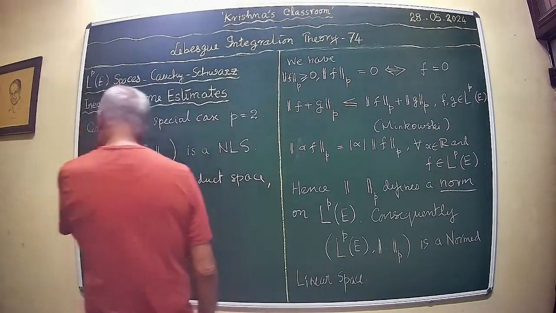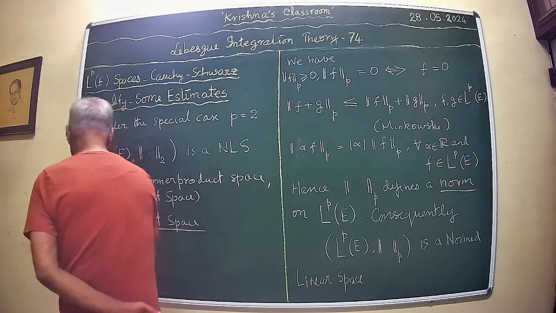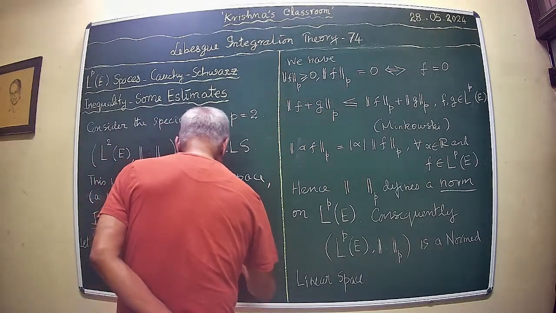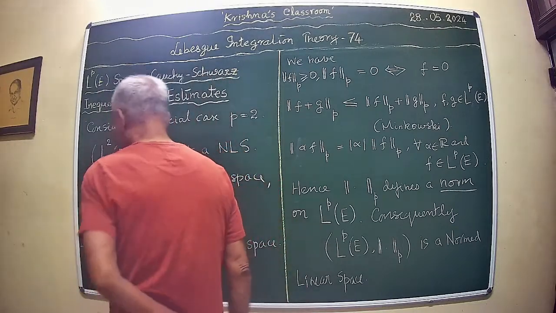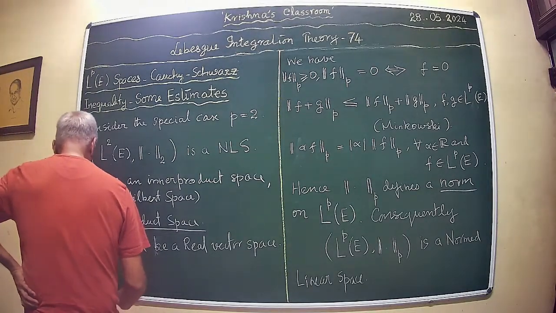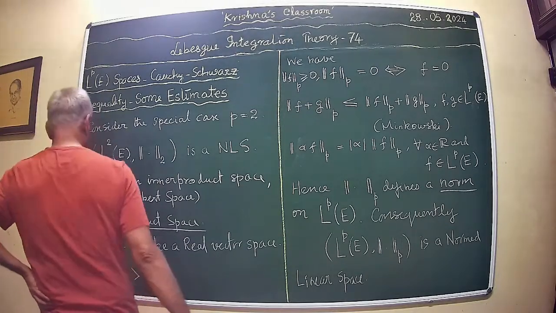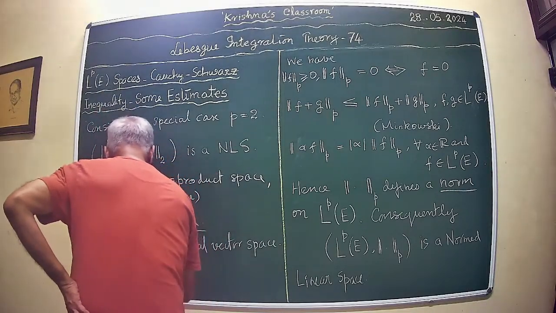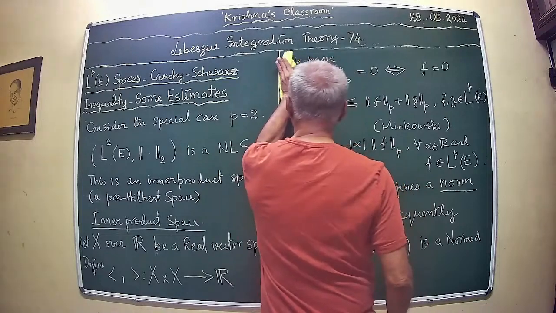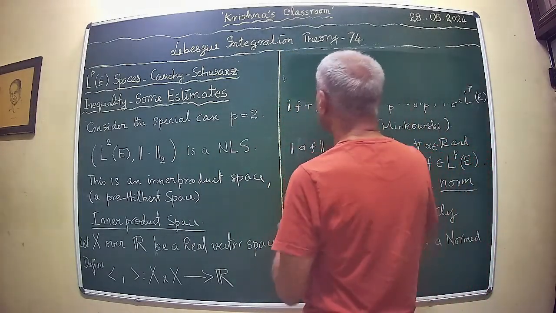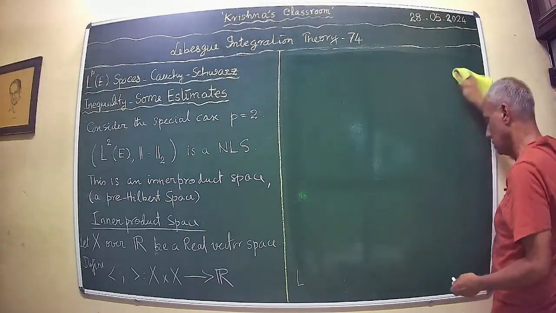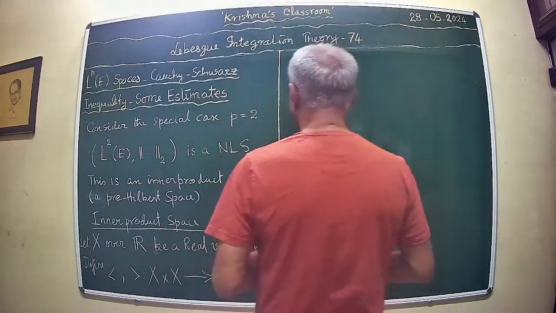So to see that the real vector space is a real inner product space, now define the inner product, what you call an inner product, from X cross X to R with the following properties.